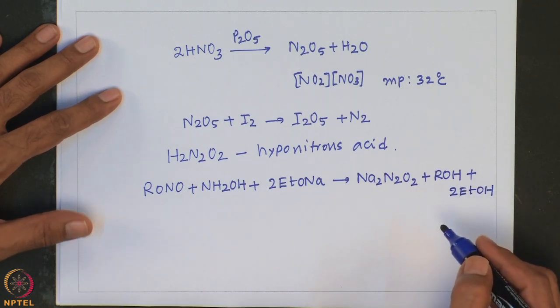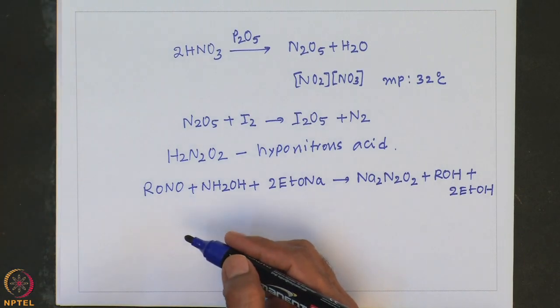Okay. And free H2N2O2, hyponitrous acid, is a weak acid, but it is potentially explosive. It decomposes spontaneously into N2O and H2O.